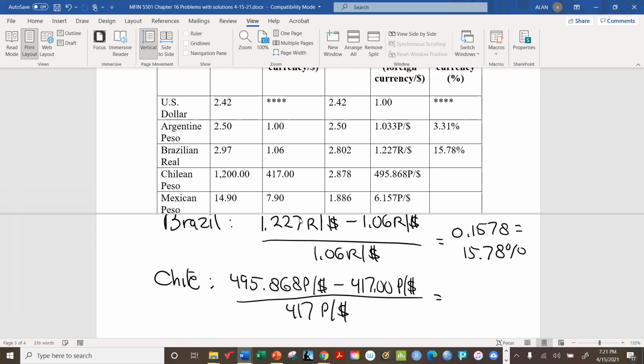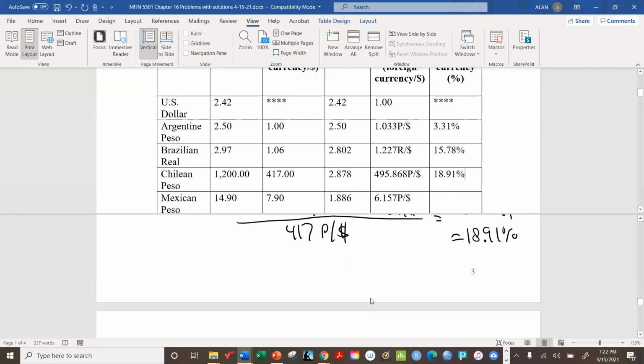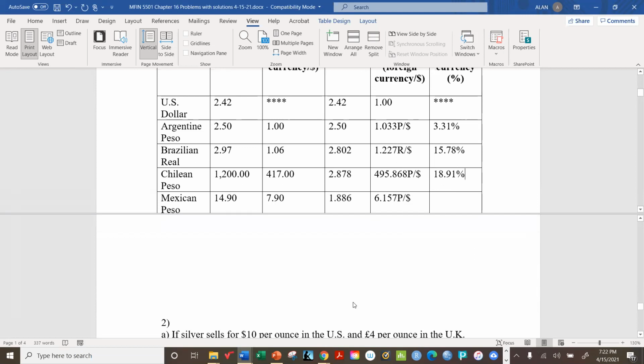And that turns out to be 18.91%. All right, finally, we have one more. Let's do Mexico.